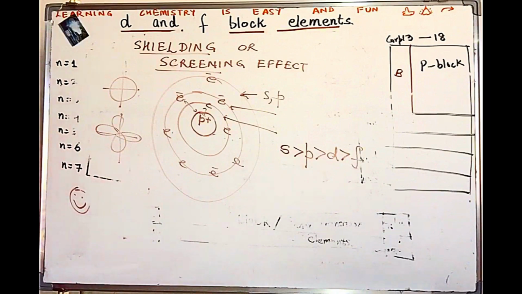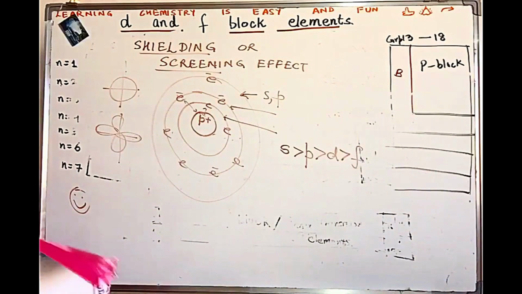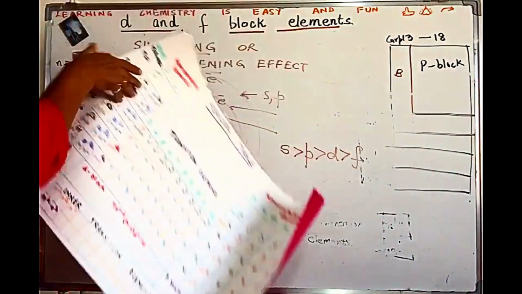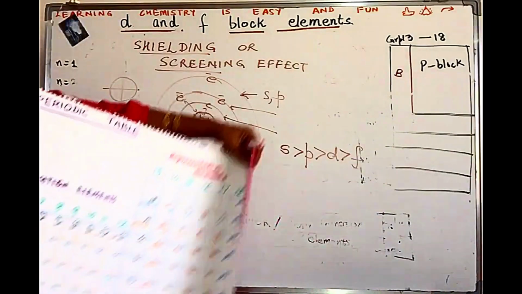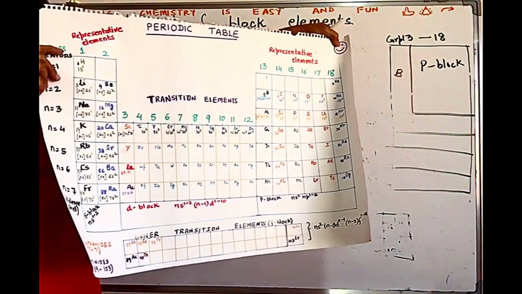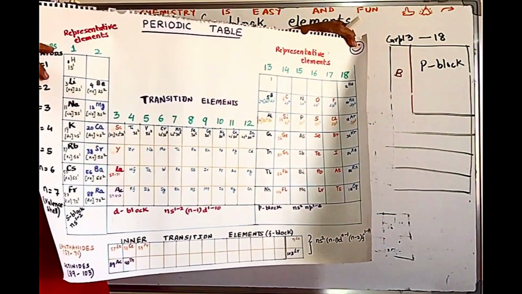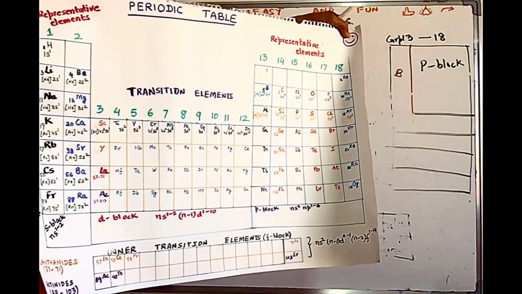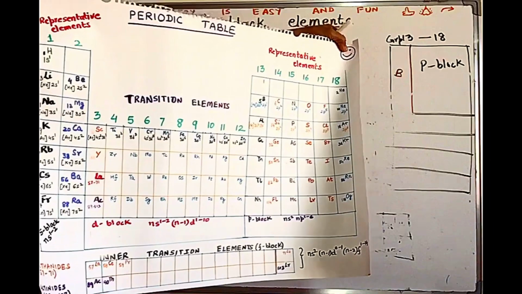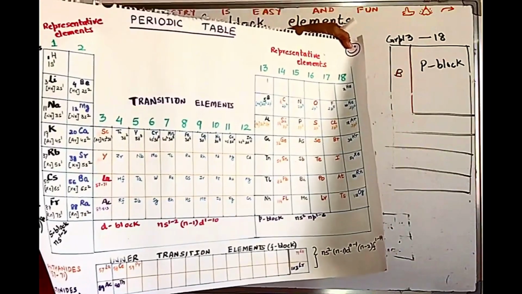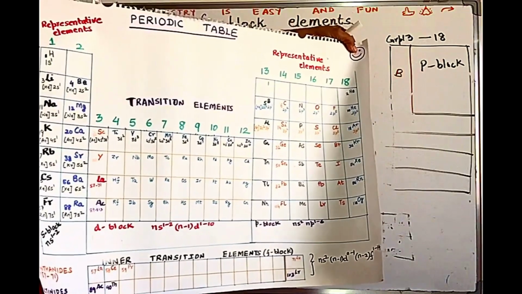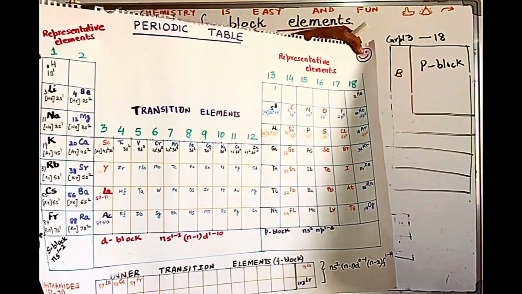Also, if you can, before the next lesson, please make a periodic table like this. Just take an old chart paper. If you can, make the periodic table displaying all the groups, the periods, the elements, and have it ready. It's not necessary to have this big a chart paper. You can do it on an A4 size sheet as well.